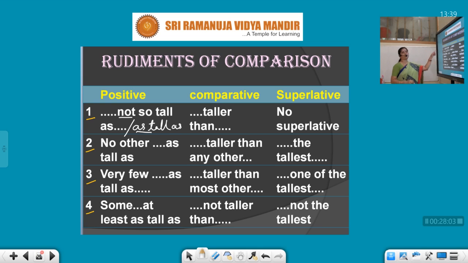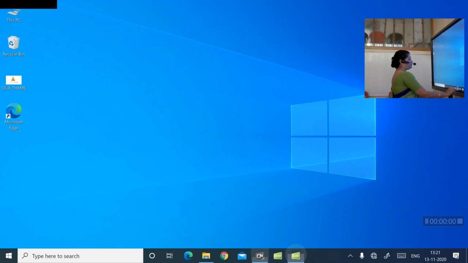Now in the positive degree, if you say she is not so tall as her sister, or if you say she is as tall as her sister, then how is the comparative sentence going to come? If in the exam they give you a positive degree like this and ask you to change it into comparative, then without changing the meaning, you have to change the sentence. So we'll see how.